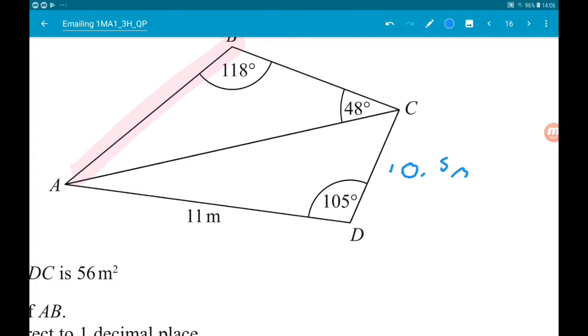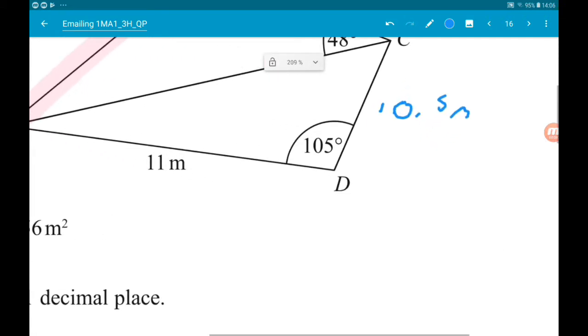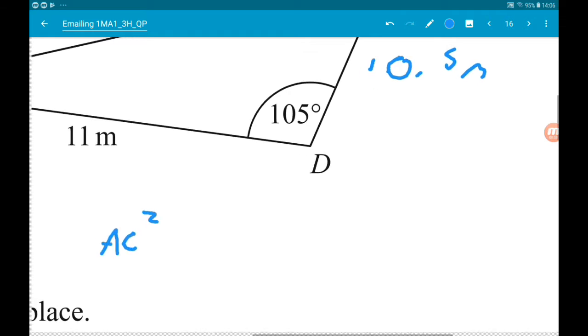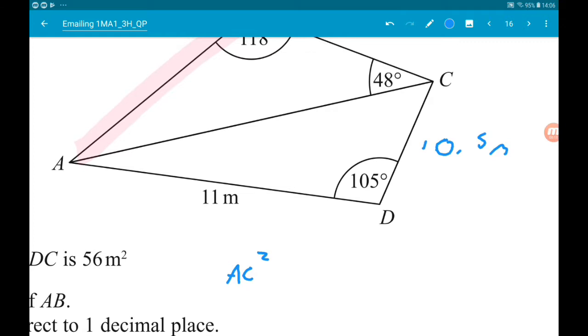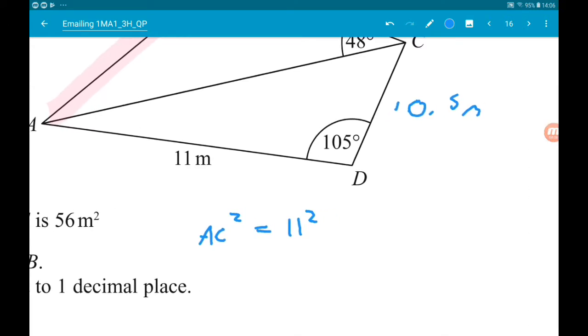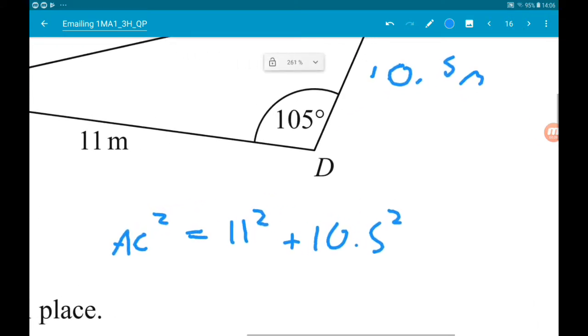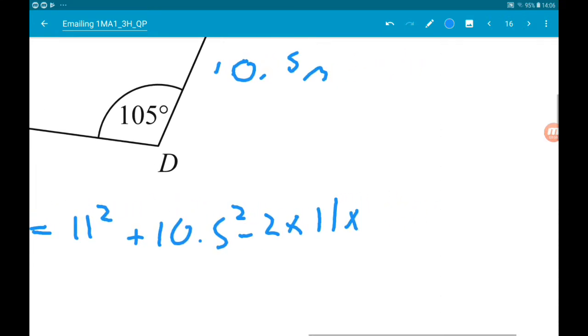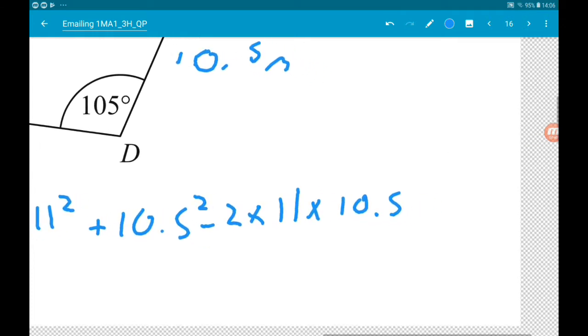So by the cosine rule, we know that AC squared, so that top length, is equal to 11 squared add 10.5 squared minus 2 times 11 times 10.5 cos of 105.